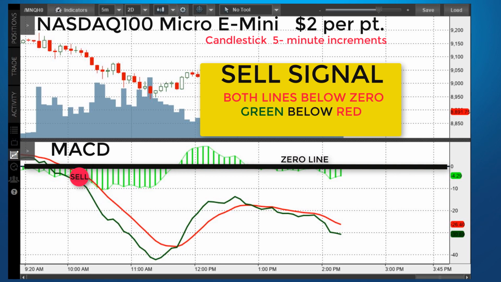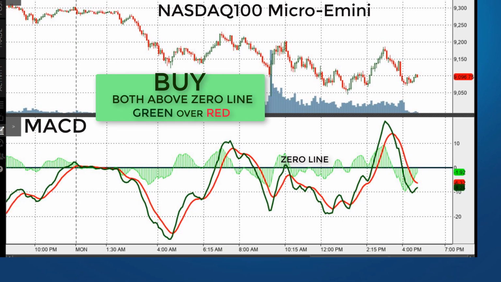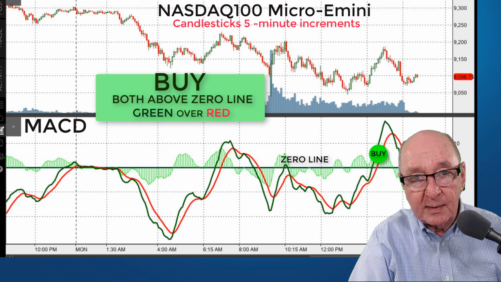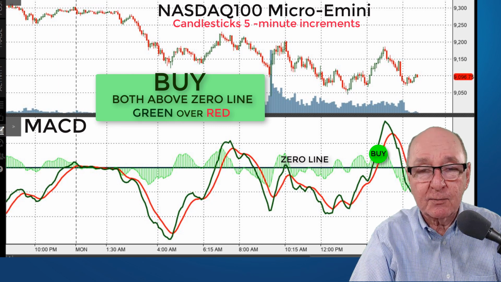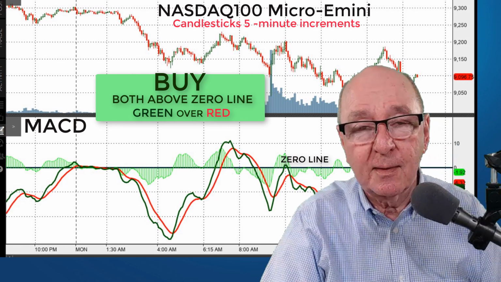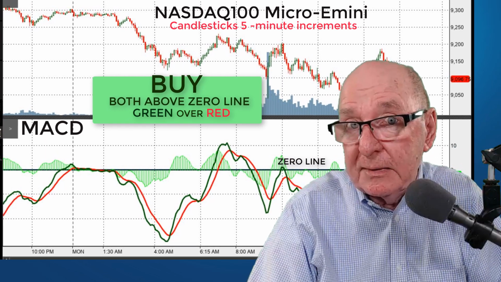That is a sell signal. Conversely, if both the lines are above the zero on the MACD and the green line is over the red line, that is a buy signal. Now really, how hard is that? The lines are over the zero line or below, and the green line is over the red line, or the green line's below the red line. This isn't rocket science.